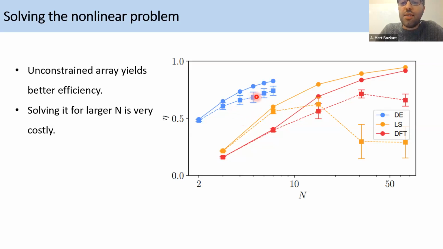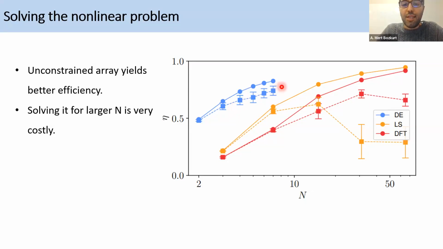And the ones with 2% disorder are denoted by the squares. Blue shows the differential evolution algorithm, which is our stochastic optimization. LS means least squares, which I didn't explain here, but it is in a similar spirit to the discrete Fourier transform because it's also solving a linear problem. And finally, the red one is the discrete Fourier transform.